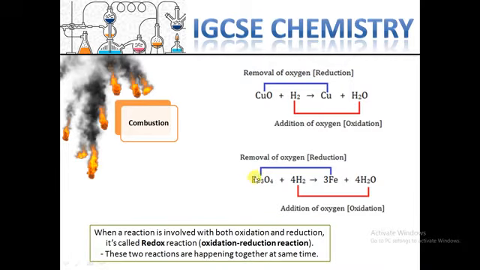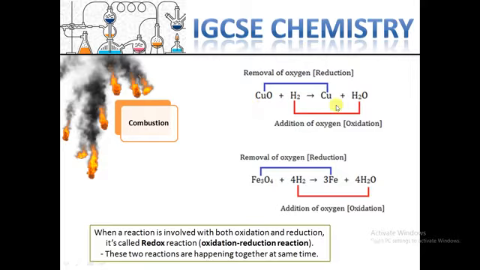Another example is here. The blue line, ferric oxide, loses oxygen, which means reduction, and the hydrogen gas gains oxygen and is converted to water, so this is oxidation.